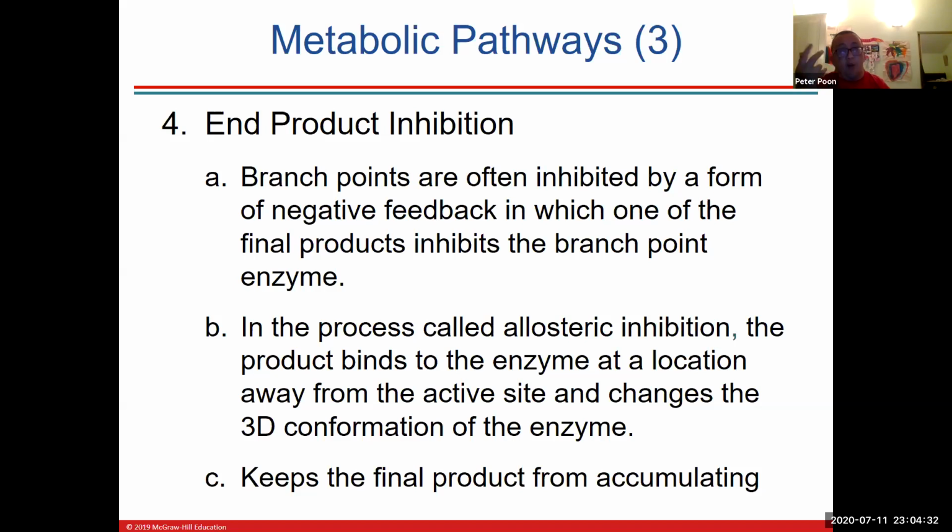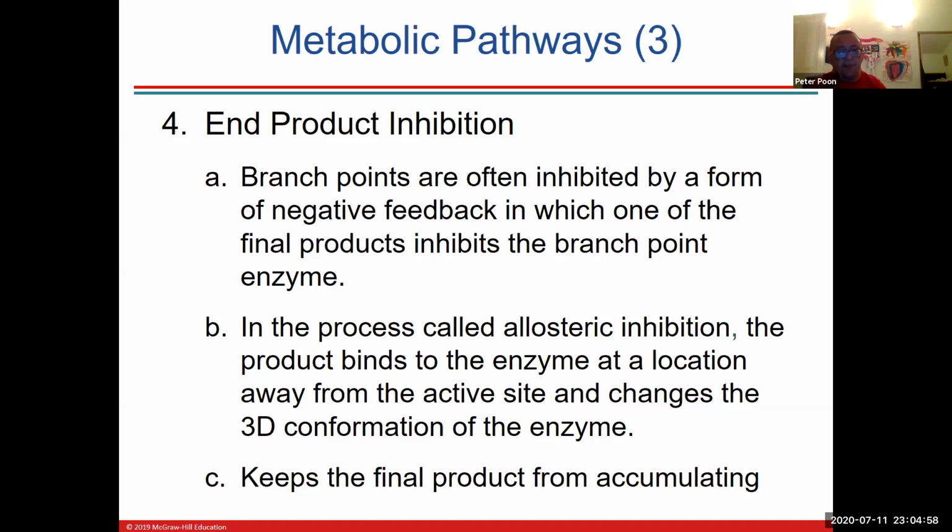So how do you know when to stop? Well, when you have a lot of ATP, you don't need to make more. If you don't have enough ATP, you do need to make more. So the end product is ATP, and ATP will come back and inhibit one of the enzymes. This process is called allosteric inhibition.